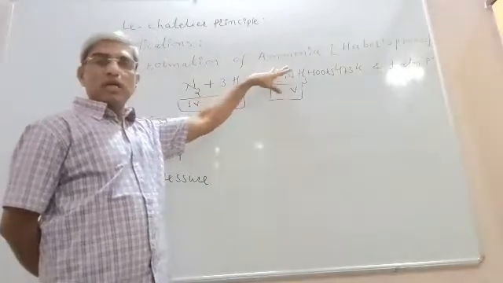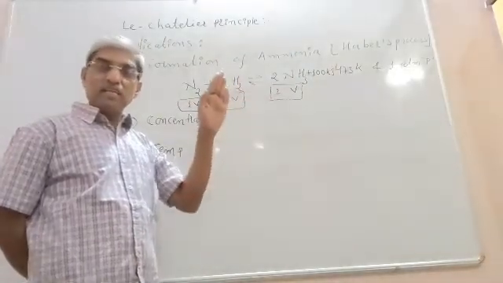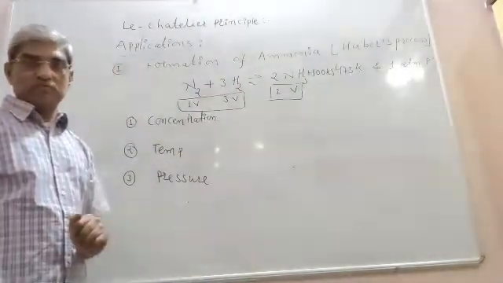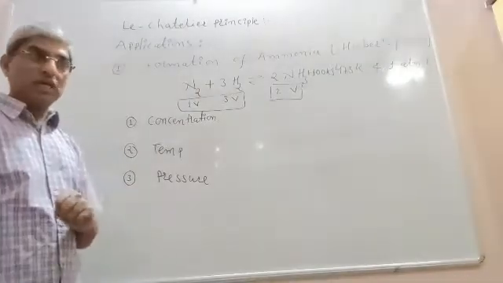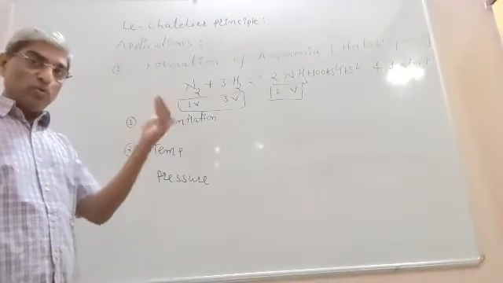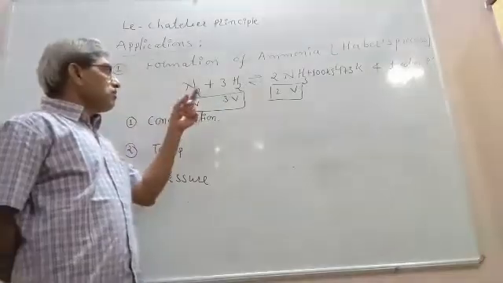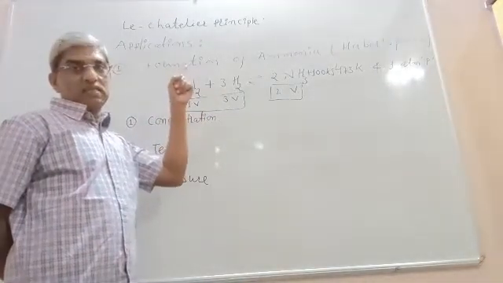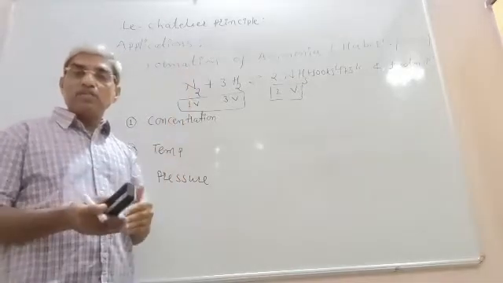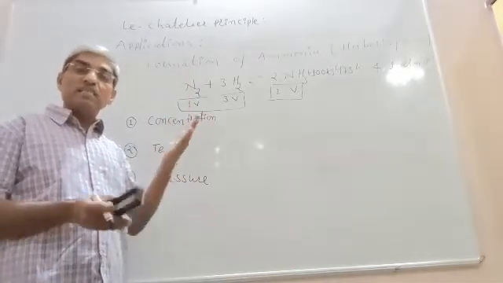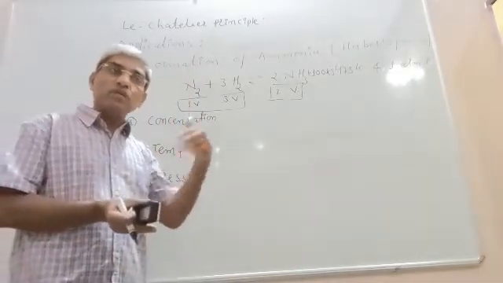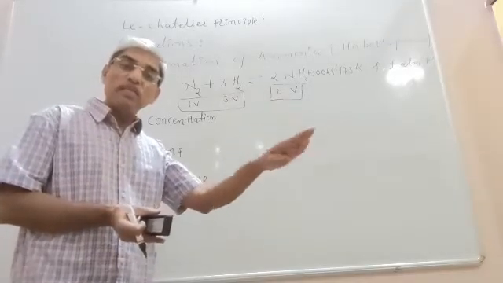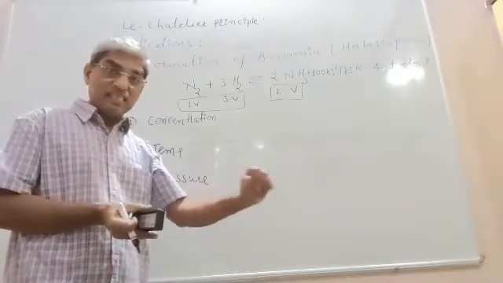Formation of ammonia takes place with a decrease in volume. And as we already know, if the pressure of the system increases, then the equilibrium shifts toward the direction where volume decreases.